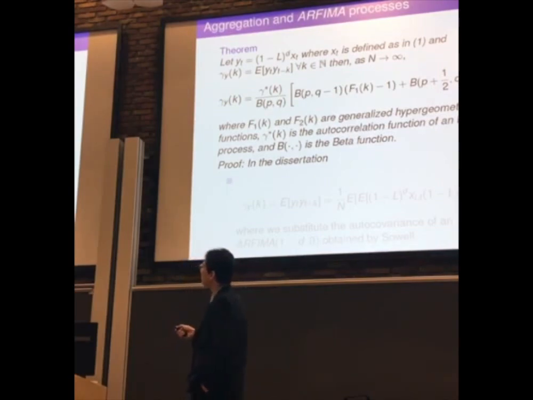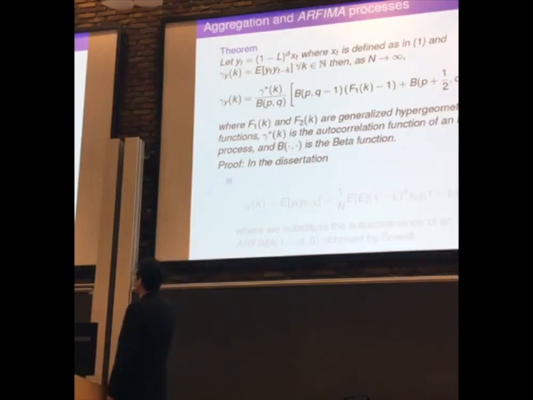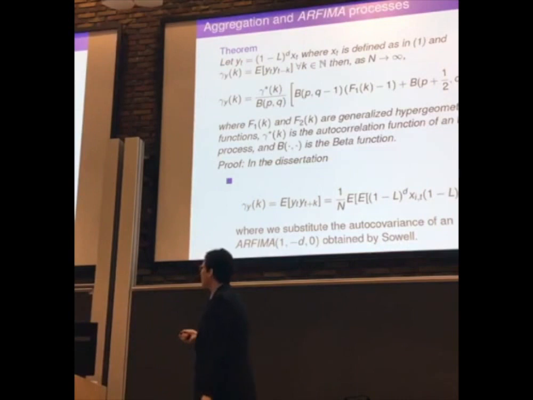So just by doing that, we are introducing some component of the autocorrelation function into the aggregated process, and the rest just comes from the aggregation process. So just by aggregating, we get this other function, and then this one from the anti-persistent process that we introduced, in a sense.